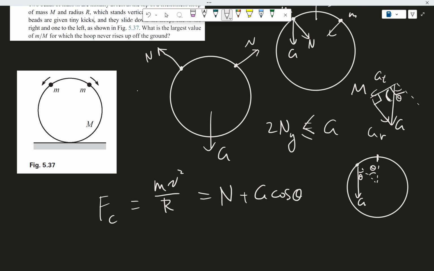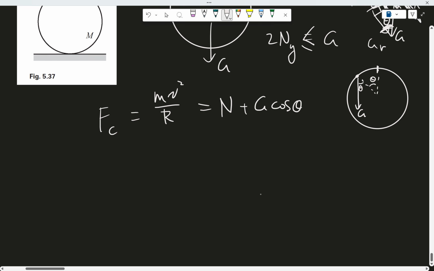This is 90 minus theta, and so this must be theta. And the reason why this is a 90 degree angle is because we have a radius. Remember, this is a radius, and we have a tangent line, and their angle is always 90 degrees. That's why this angle is 90 minus theta, and so this is theta. And so it's N plus mg cosine theta equals mv squared over r.